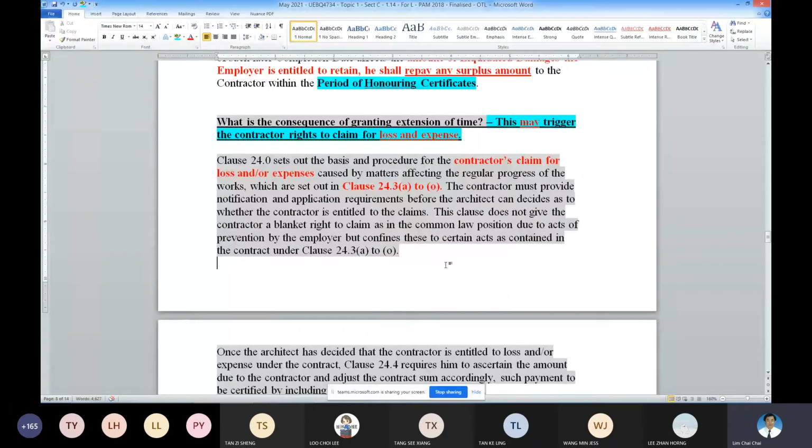So this clause 24.3a to O doesn't give the contractor a blanket clause to claim everything. No, this clause does not give the contractor the blanket right to claim.